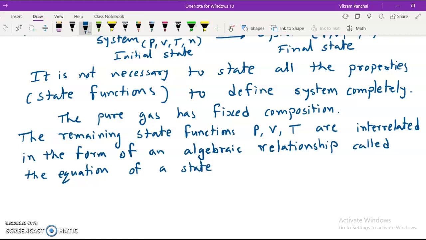And you know, this is a very famous equation which we call the gas equation, that is PV = nRT. If number of moles is 1, then it is PV = RT, where R is known as the gas constant.